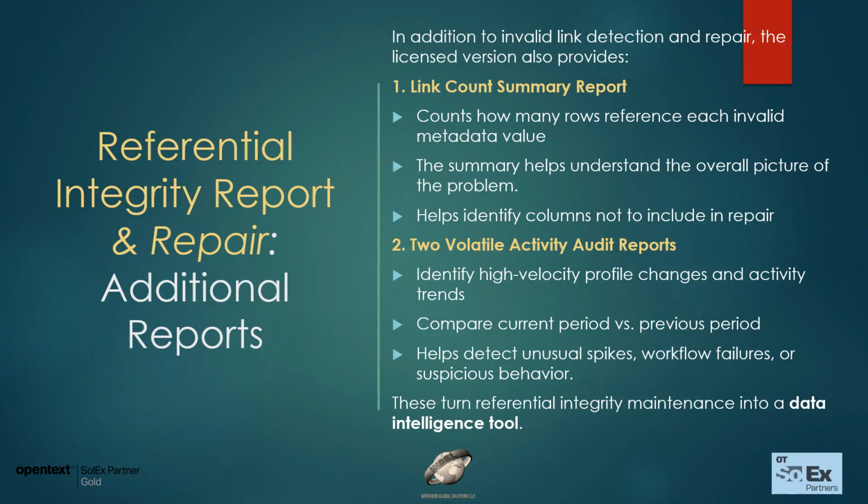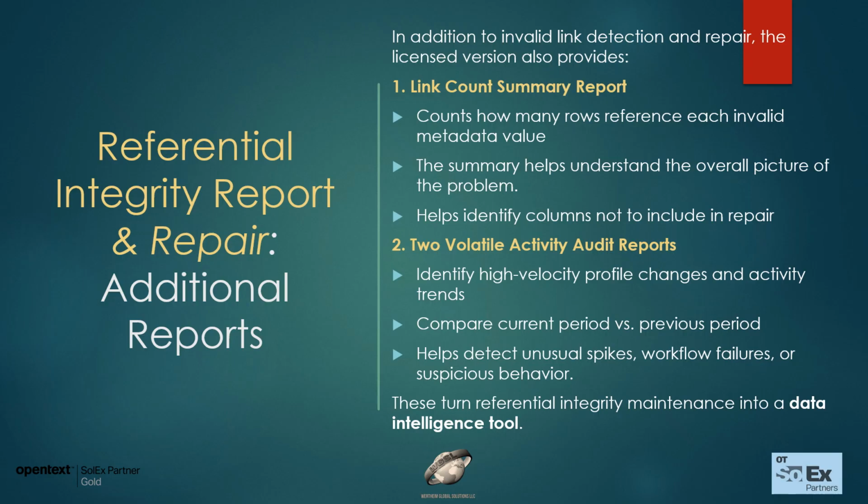On top of repairs, the licensed version adds two powerful audit reports. The link count summary report shows how many rows reference each metadata value, which helps you understand the overall impact of specific issues and decide where to focus repair efforts.